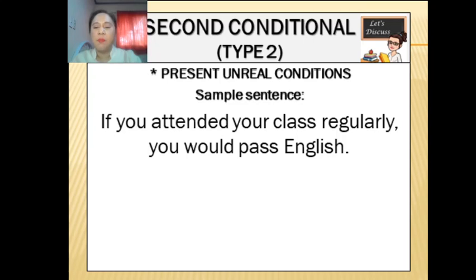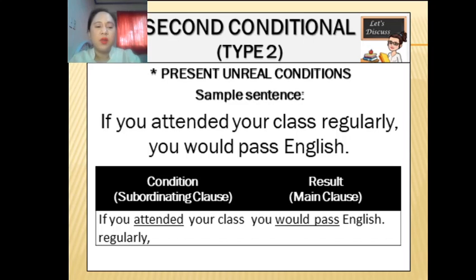In the sample sentence, the student did not attend his or her class regularly. That is why it is impossible for him to pass his or her English subject in the present situation. However, if he or she will change his behavior, then there's a probability that he will pass English.